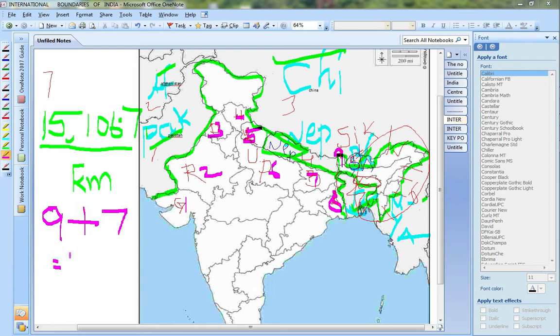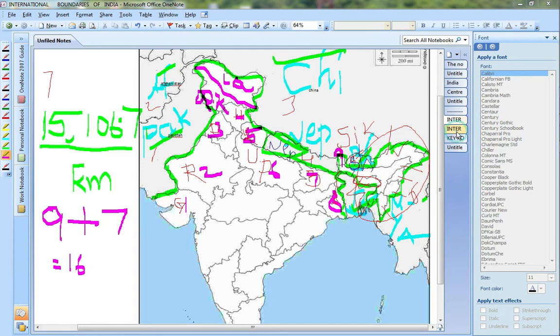Total 16. How many states are sharing land boundaries with our neighborhood countries? 16 states. And 2 union territories. What are those 2 union territories? Ladakh and Jammu and Kashmir.